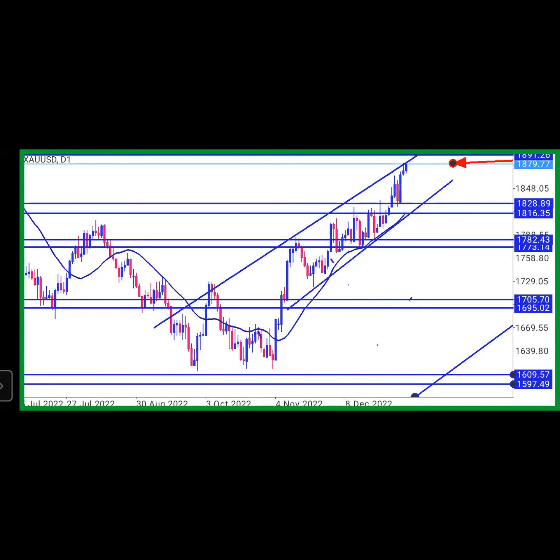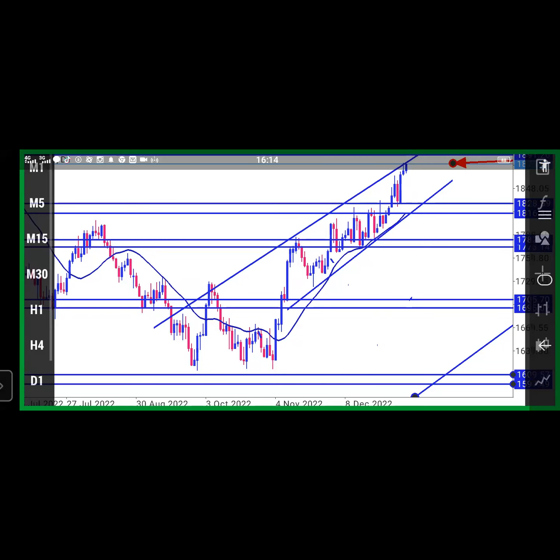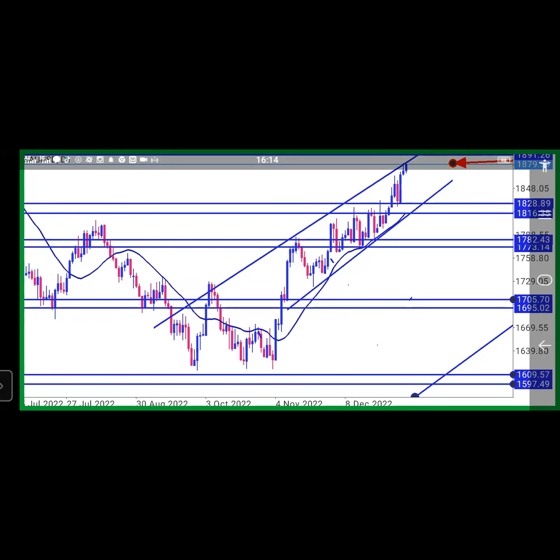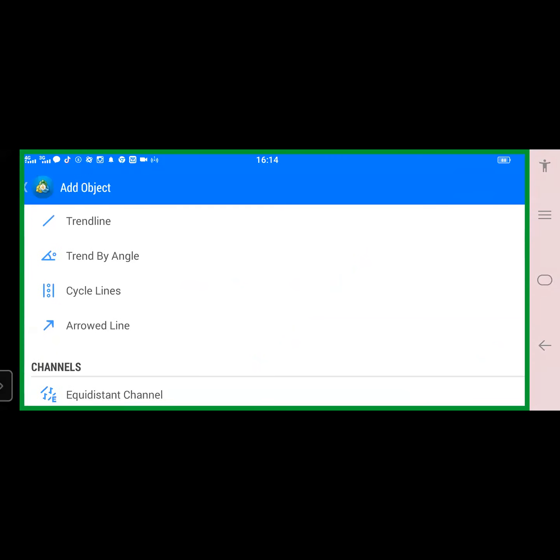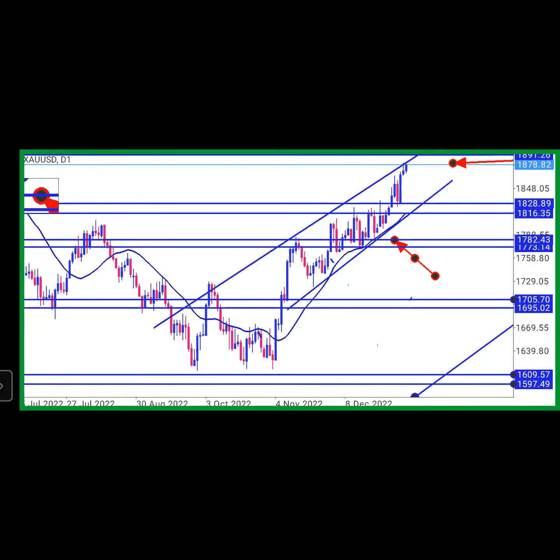1782. I'm trying to check what 1782 is on my chart. Let me borrow this arrow. 1782, that's the second place I marked. Yes, but the market has passed, so you can't join, because the market has broken this one. See, the first time it broke, retested, broke, retested, broke, retested.